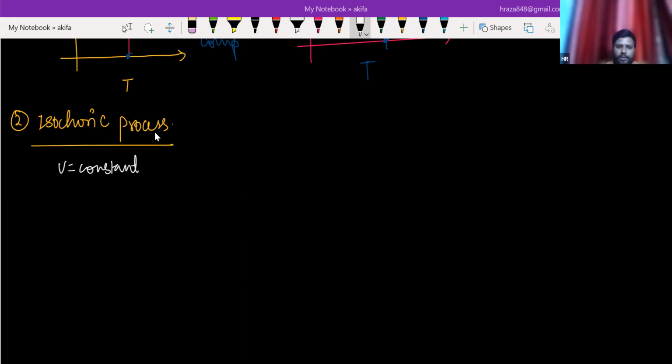Just see, isochoric process is a process in which volume is constant, that means dV equals 0 as well as delta V equals 0, right?